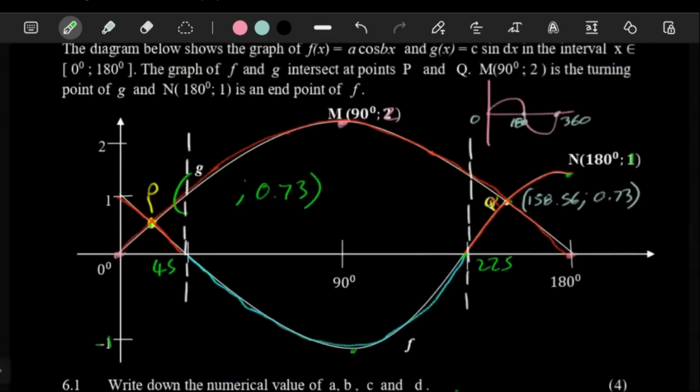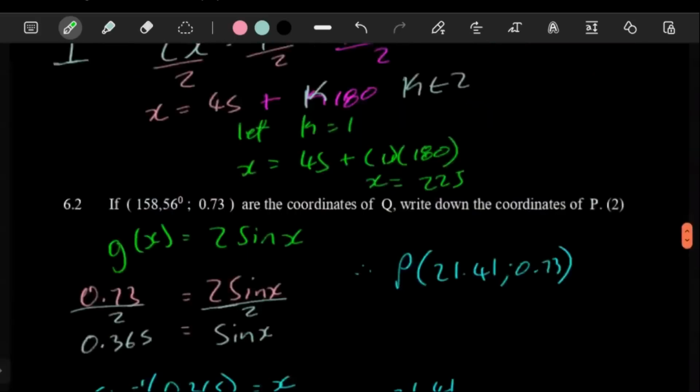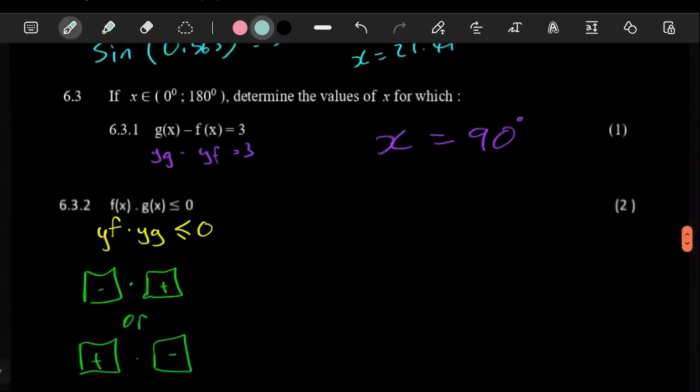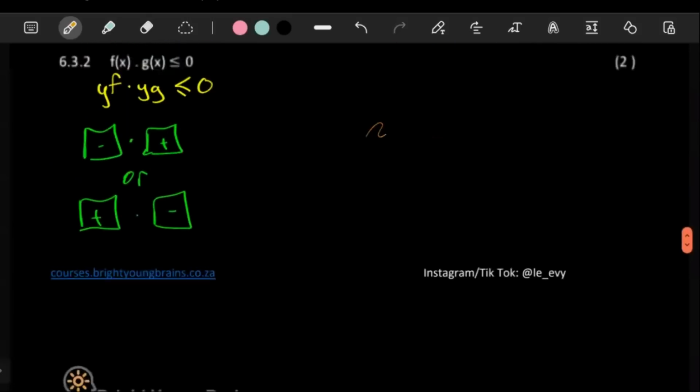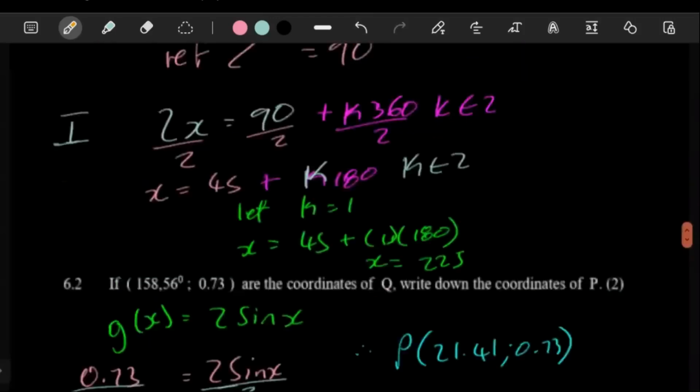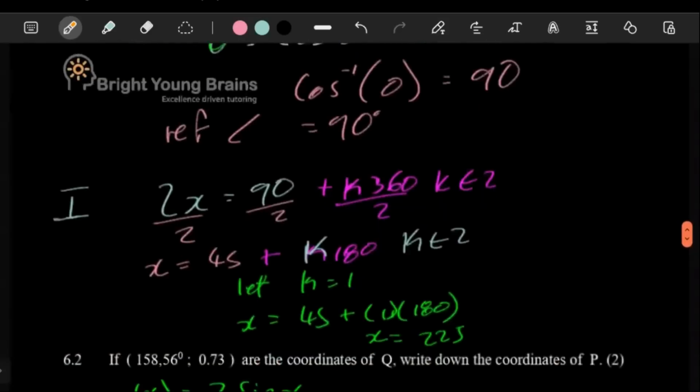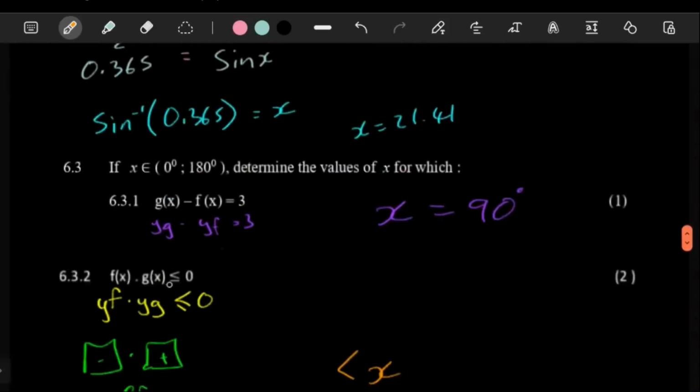So now you can answer your question. The graphs will have separate y values from 45 to 225. This is asking where it is smaller or equal to 0.